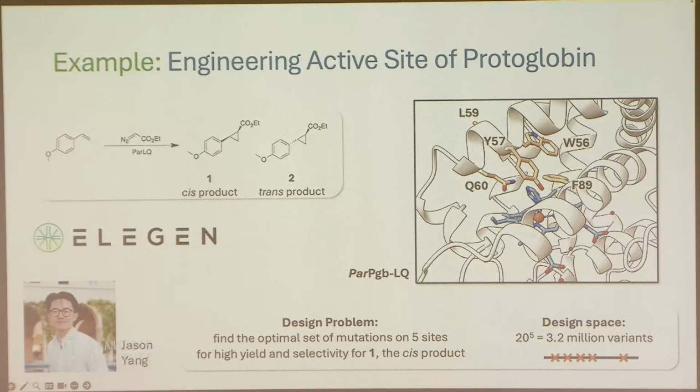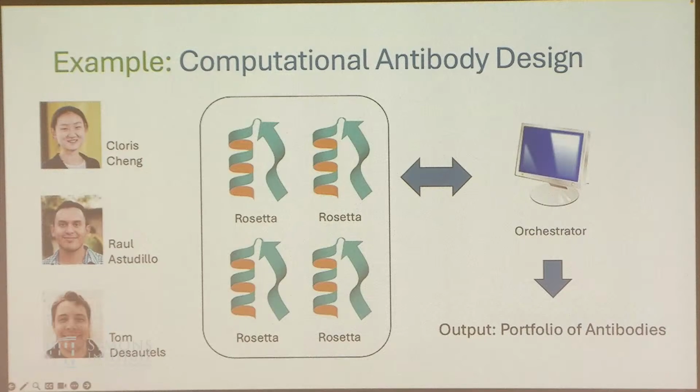And if you have any questions about the application, don't ask me, ask Jason, who is a biochemist and now a computational person by training. It's a very large design space. There are about 3.2 million variants of possible protein designs, and we are collaborating with Allogen to actually synthesize these proteins in the wet lab.